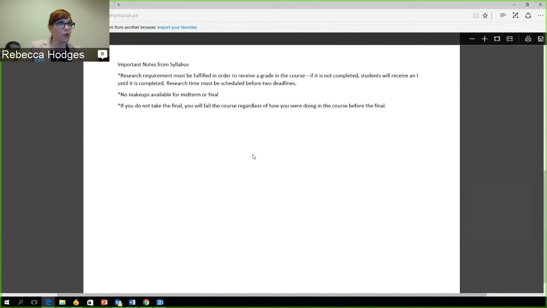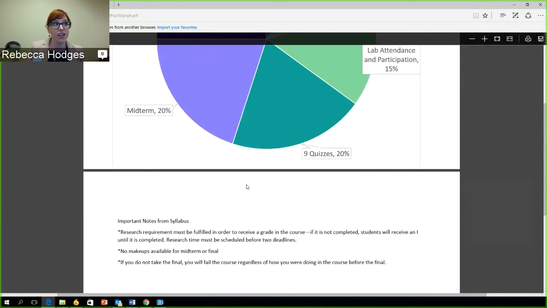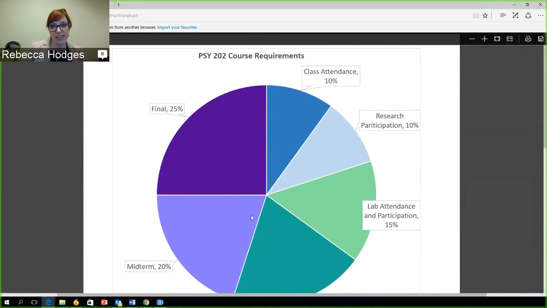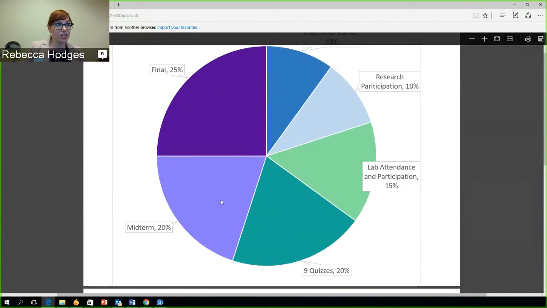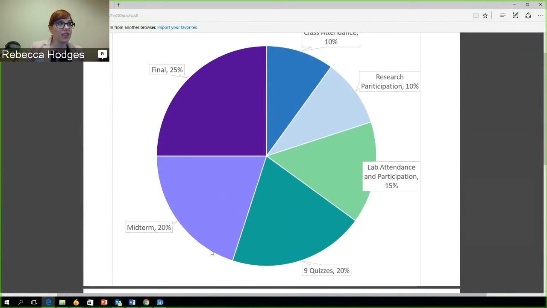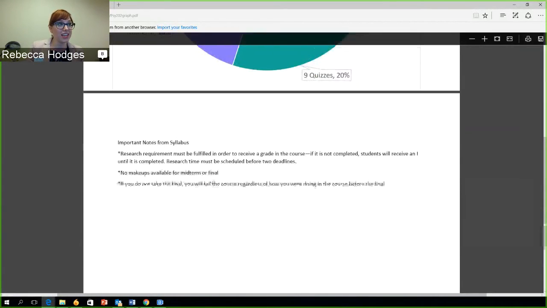For example, there are no makeup exams provided for the midterm or final. It's only offered on the one date at that one time. And so if you don't attend the midterm or final, that is a very large portion of your grade. So if you miss it, it would greatly impact your grade, because there's no makeups provided for the midterm or final. So it's very important to be aware of that.